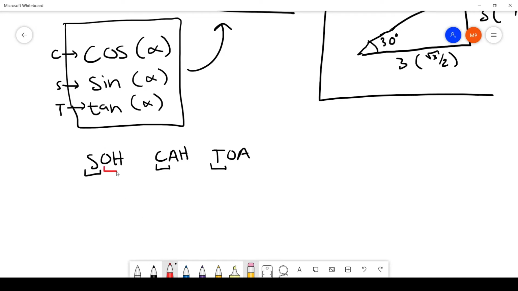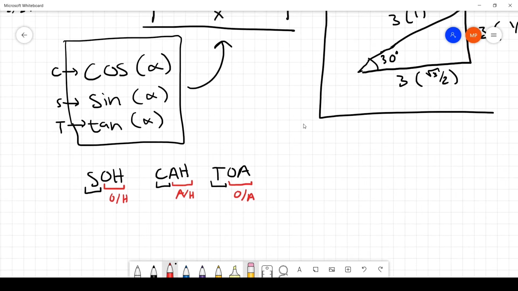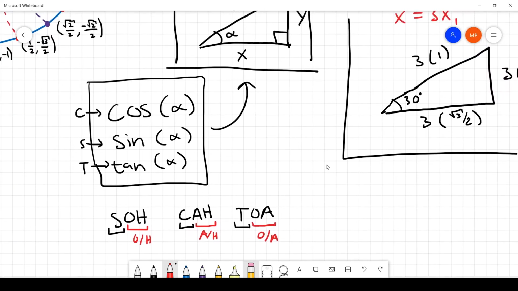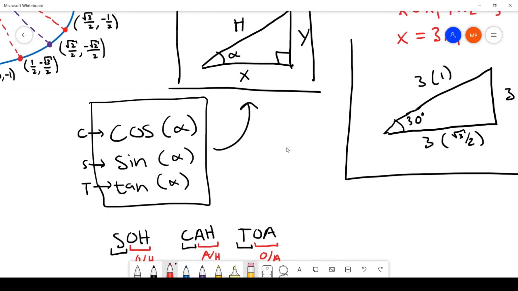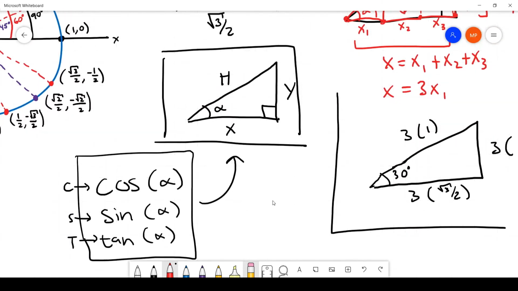And then you have the other two letters, O and H, A and H, or O and A, in which these are going to be a fraction of O over H, A over H, or O over A, in which what these letters represent are going to be the hypotenuse for the H, the O for the opposite, and the A for the adjacent from our triangle here.